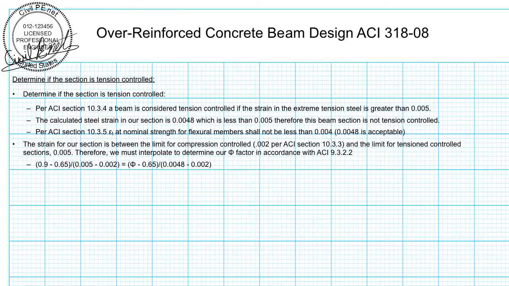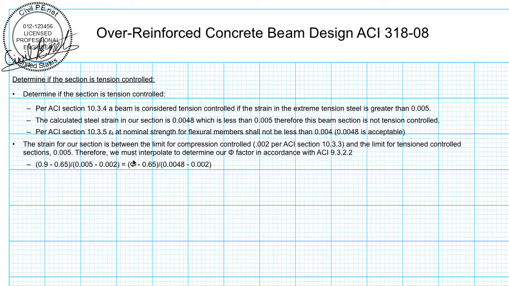So to interpolate, we get 0.9 minus 0.65 divided by 0.005 minus 0.002, where 0.9 is the phi factor for the tension controlled section, and 0.65 is the phi factor for a compression controlled section. 0.005 is the strain limit for a tension controlled section, and 0.002 is the strain limit for a compression controlled section.